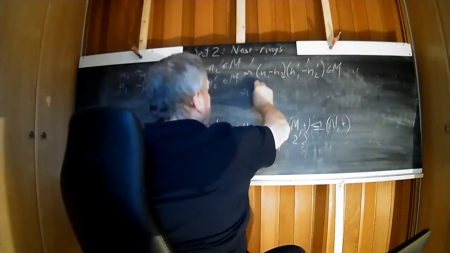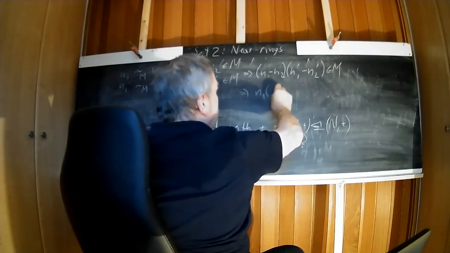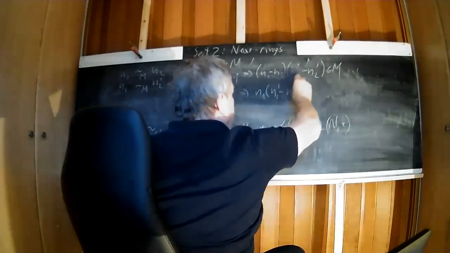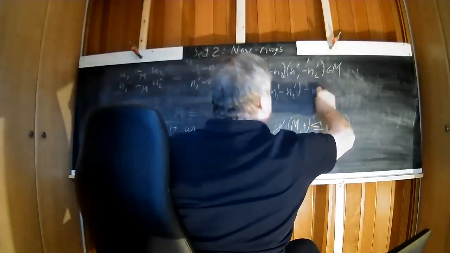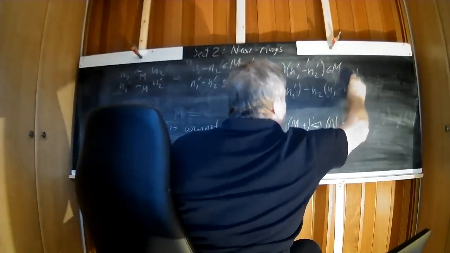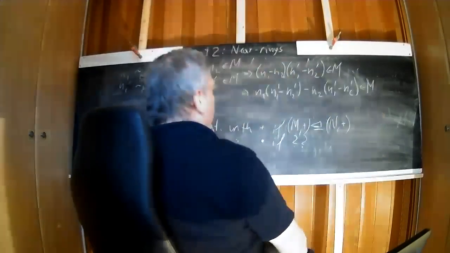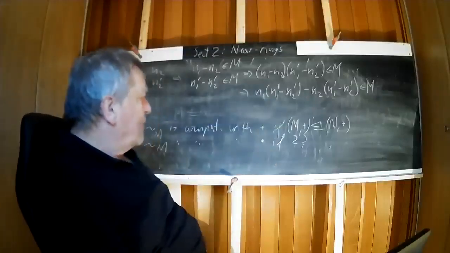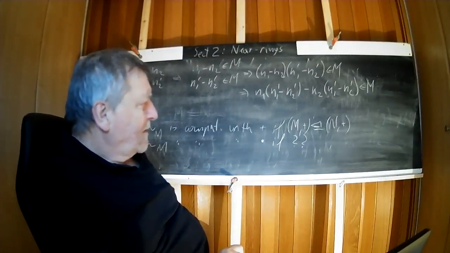We can say that N1 times (N1 prime minus N2 prime) minus N2 times (N1 prime minus N2 prime) is in M. We cannot use the other distributive law, and so we see that things are not that easy.